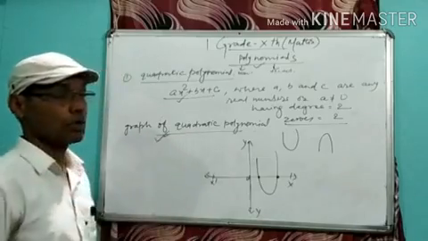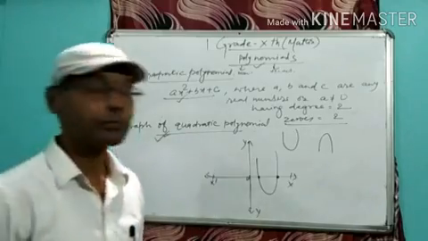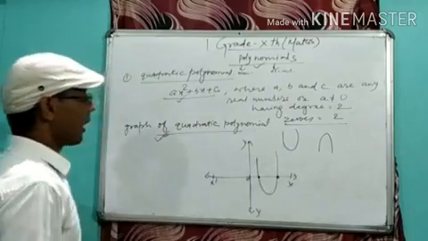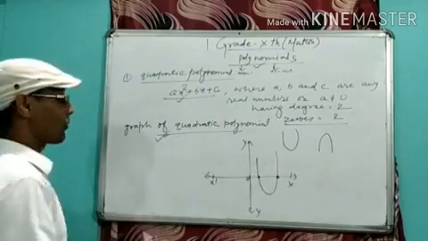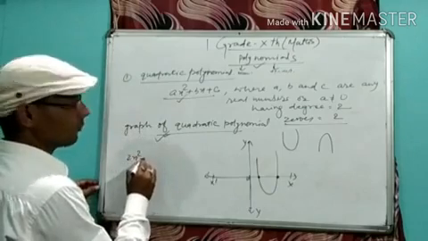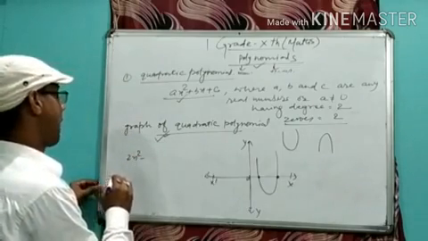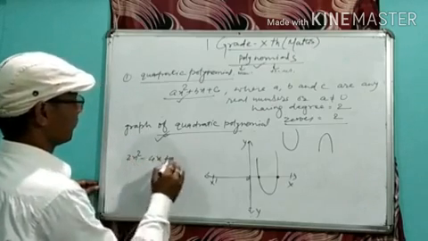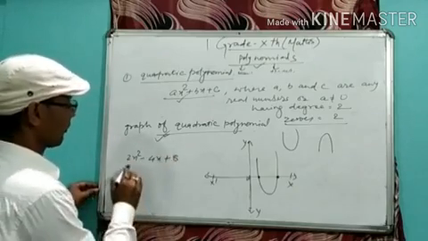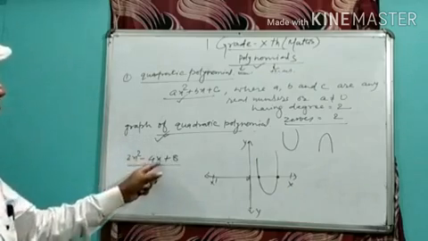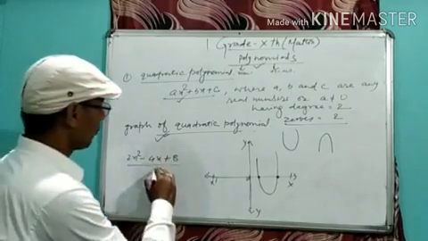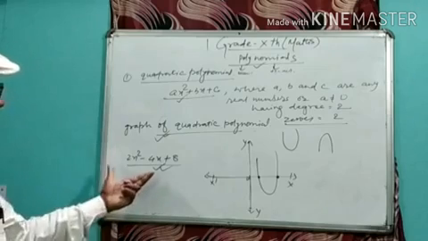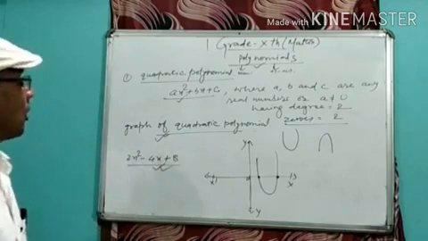I am giving you a question. Suppose, my dear friends, one question is like 2x square minus 4x plus 8. 2x square minus 4x plus 8 is a quadratic polynomial.